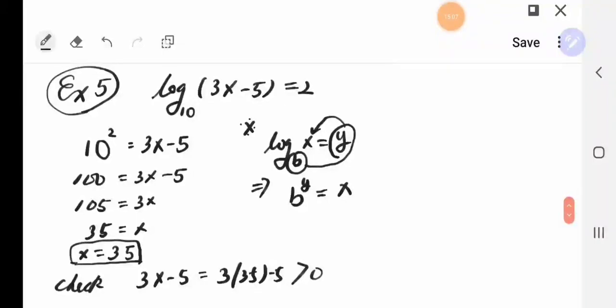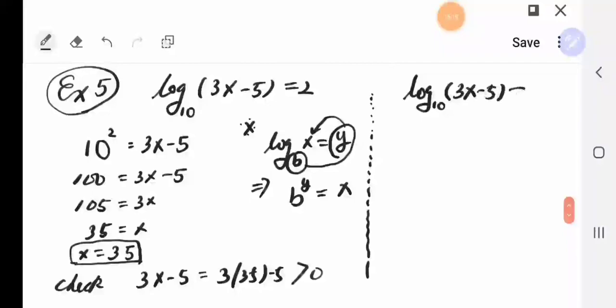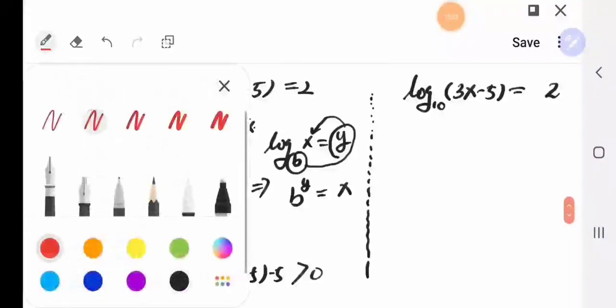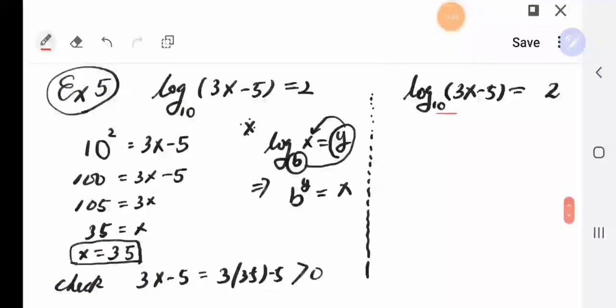There's another method. Let me write it on the right side. In order to remove the logarithm, the base of the logarithm is 10. So why don't we make an exponential form with base 10 on each side?